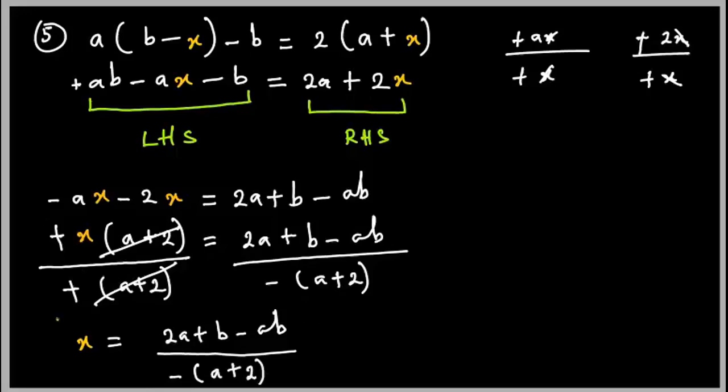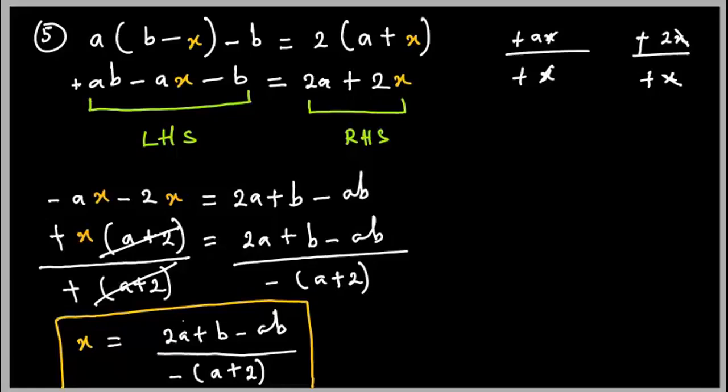You can choose to have a different form of answer like I've shown in the previous section, by multiplying the denominator and numerator by minus 1. So, this is our answer.